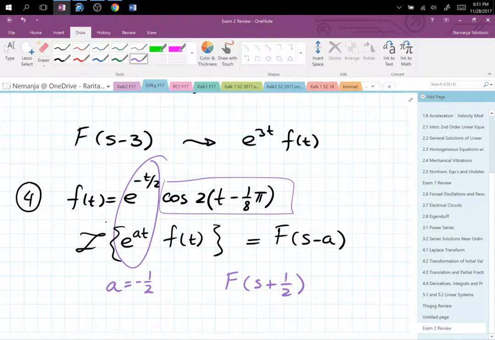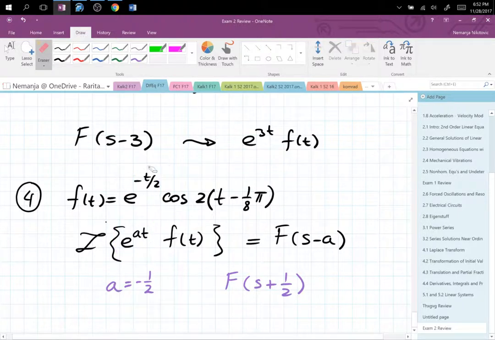Do we all get that? No. All right, from scratch. Now, we have the formula which states that if I have e to some exponent at times whatever function, it's going to be the Laplace transform of that function, but shifted by a because we had it multiplied by e to the at.